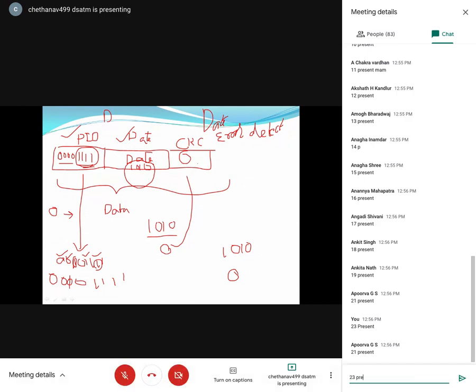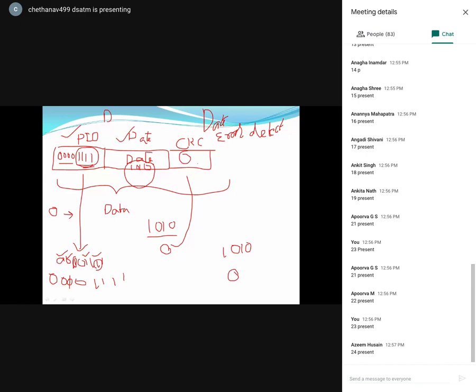Apurva M? Aryan? Azim? Bhanupriya, absent. Bhargav Reddy.